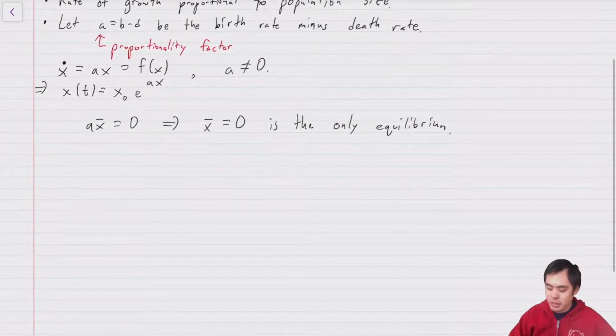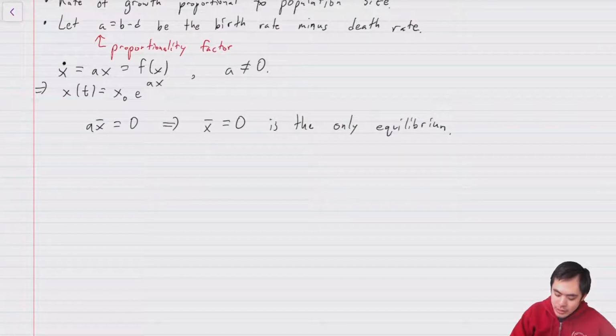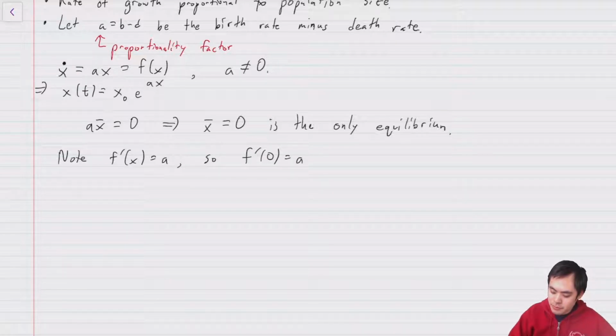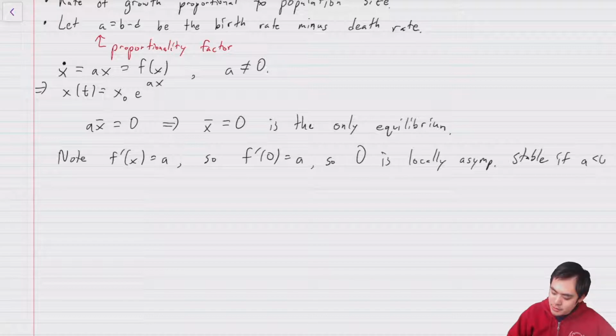Is this stable? Well, that's pretty easy, right? So note that f prime of x is equal to a, it's just a constant since this is linear. So f prime of 0 is also equal to a. So 0 is locally asymptotically stable if a is less than 0 and is unstable if a is greater than 0.